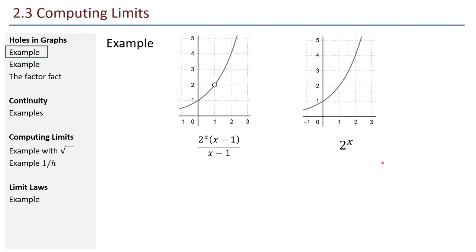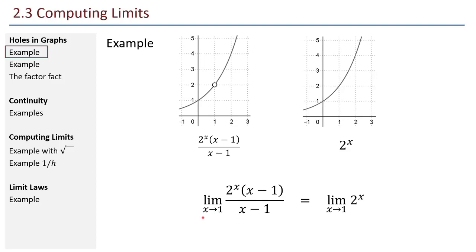Here's another example. On the right, here's the function 2 to the x. On the left, 2 to the x times x minus 1 divided by x minus 1. Suppose I wanted to take the limit as x approaches 1 of the left-hand side. Well, as long as x isn't 1, these two functions are the same.